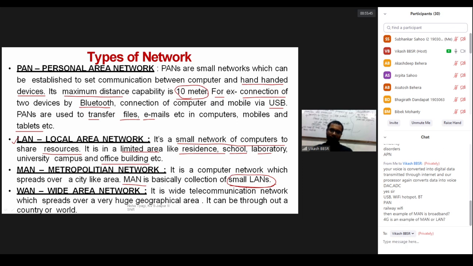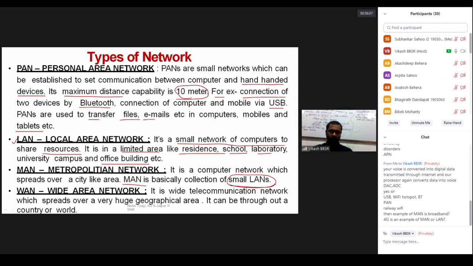A metropolitan mobile tower you can tell. 4G you can tell it works as one MAN, consists of MAN, or WAN also. You cannot tell it is one MAN because it consists of MANs.